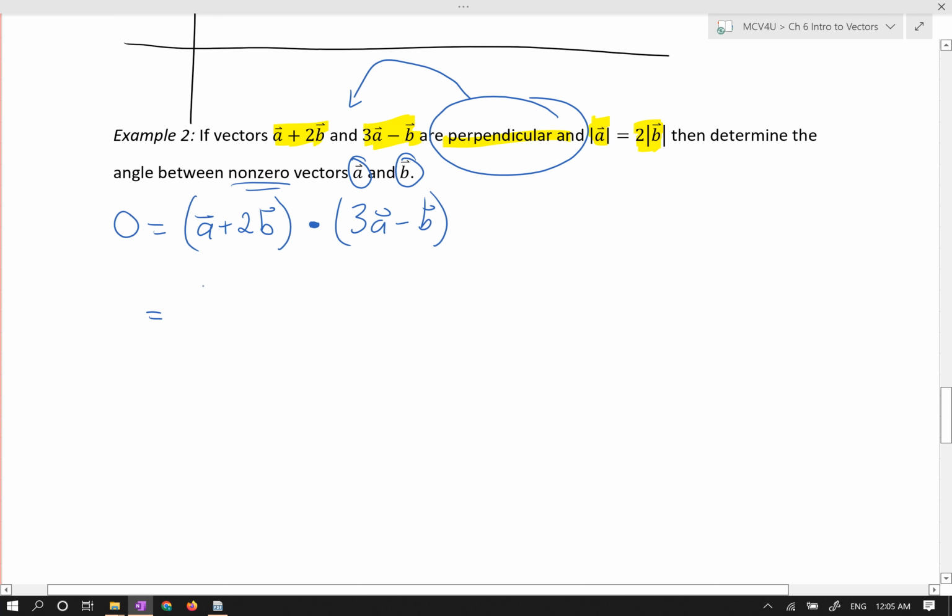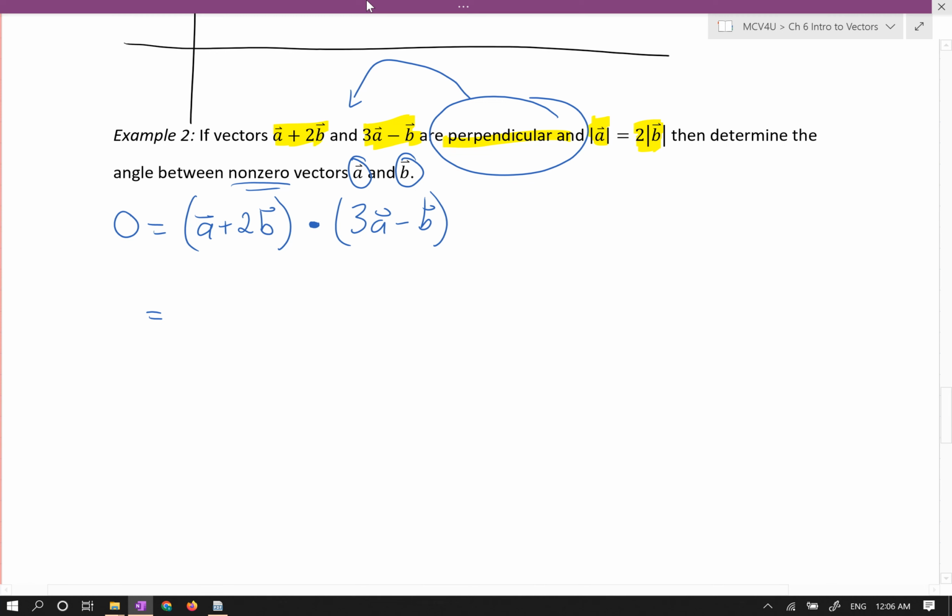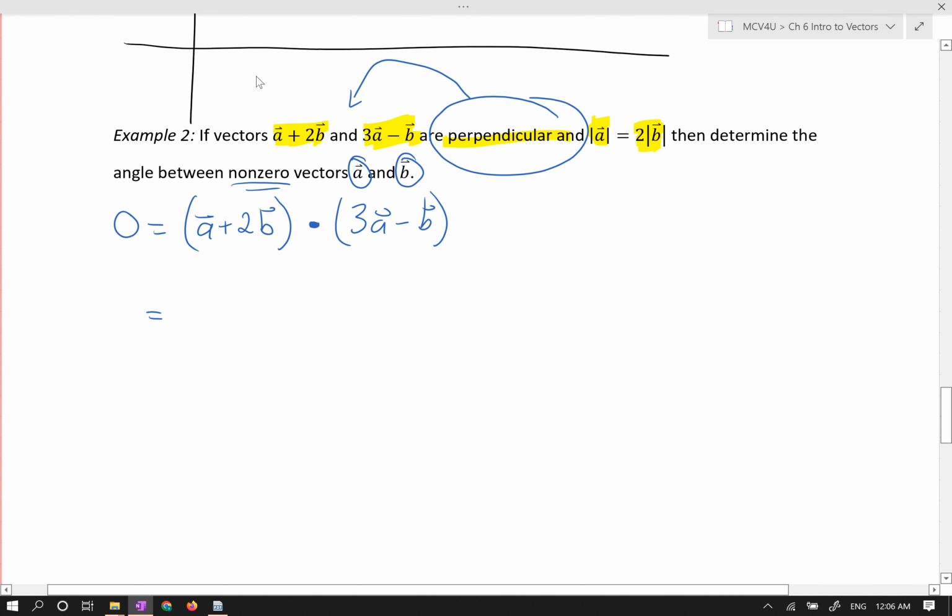Okay, what do I know about this dot product? We'll be taking advantage of our distributive property. I'm taking a dot product in here, and I recognize there are two terms in there. We've distributed something like this before when we were working with scalars, distributing two binomials, right?